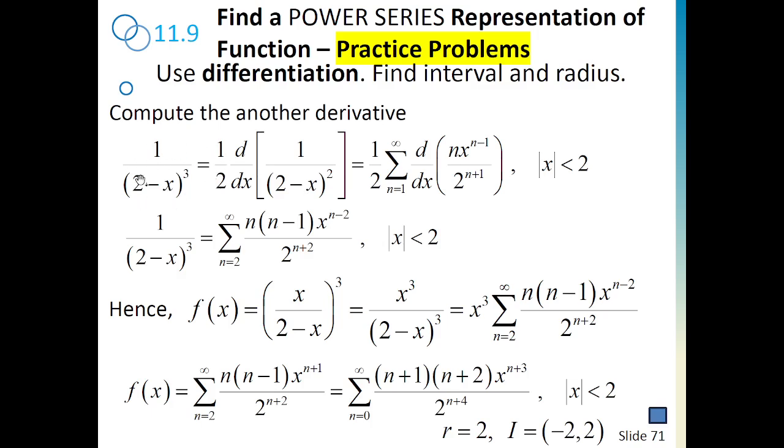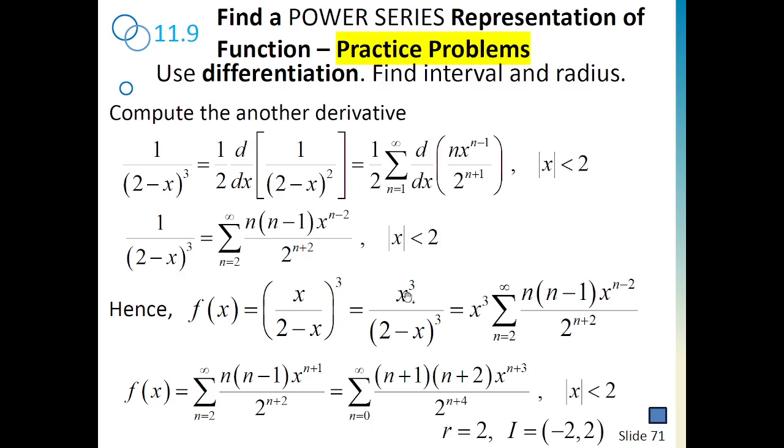So this term is equal to 1 over 2 times the derivative. So we differentiate. n minus 1 goes down also. The power is n minus 2. We start from 2. So nothing special. Here I had 2 downstairs and 2 downstairs. So I have 2n plus 2. So that's why we have this here.